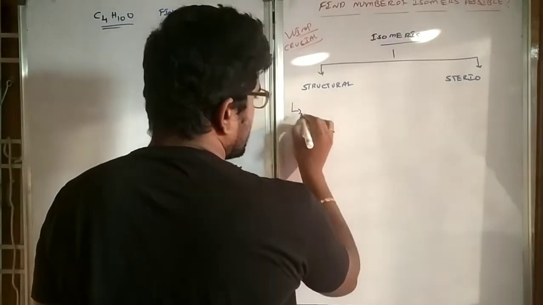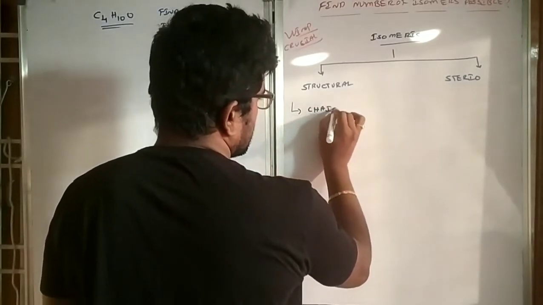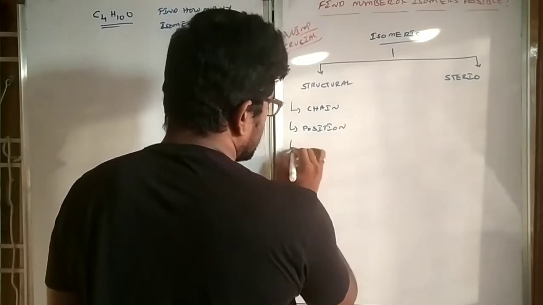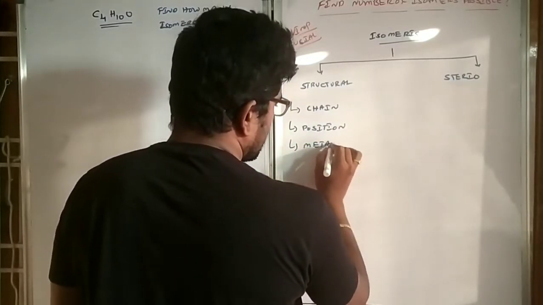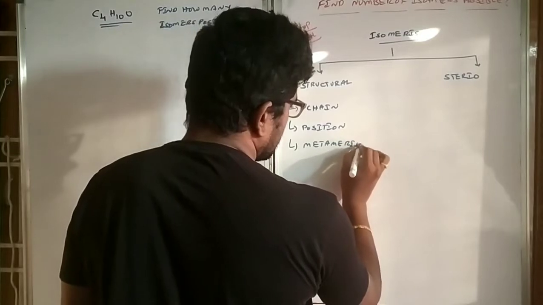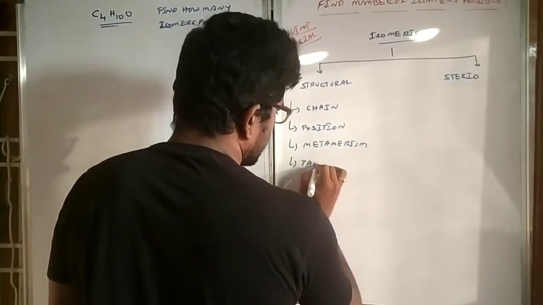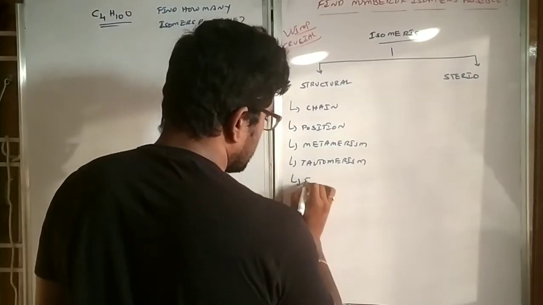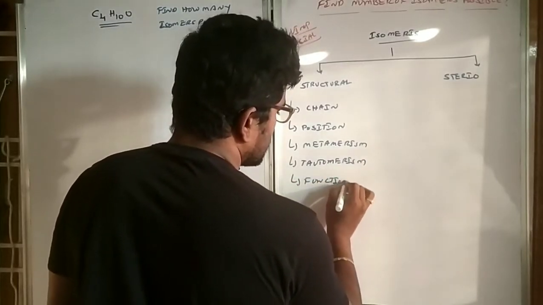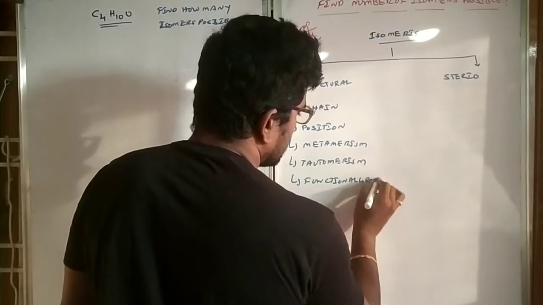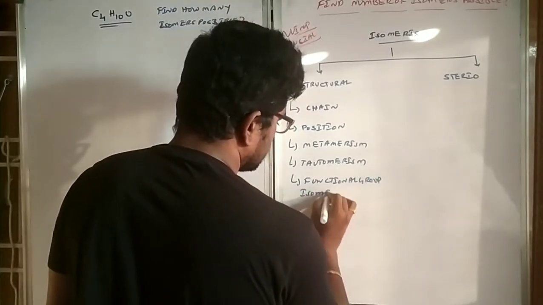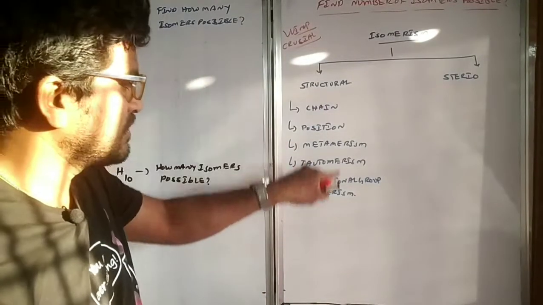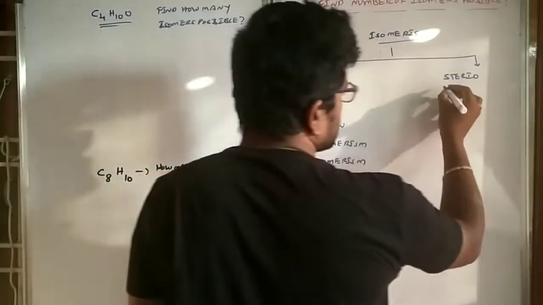The structural isomerism is chain isomerism, position isomerism, metamerism, tautomerism, and functional group isomerism. So these are the different isomers possible for structural isomers.